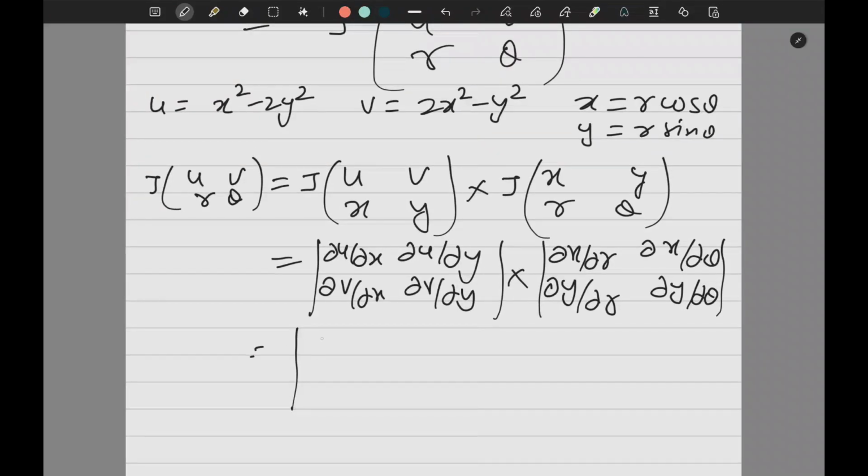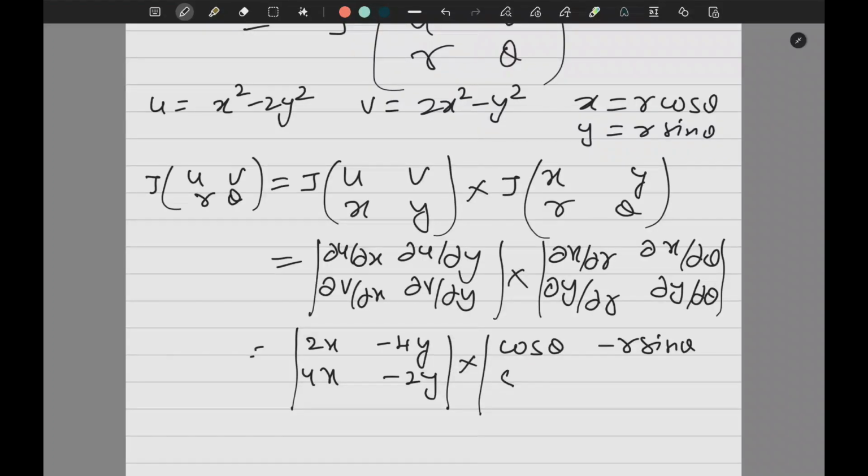What is ∂u/∂x? 2x. ∂u/∂y, minus 4y. ∂v/∂x, 4x. ∂v/∂y, minus 2y, into what is ∂x/∂r? cos θ. ∂x/∂θ, minus r sin θ. ∂y/∂r, sin θ. ∂y/∂θ, r cos θ.